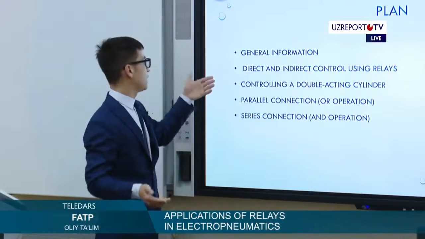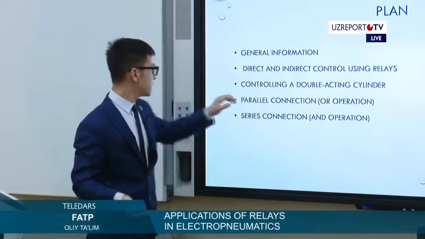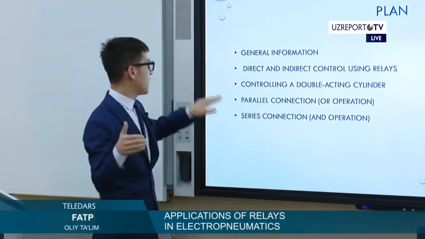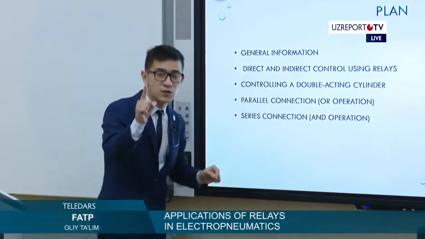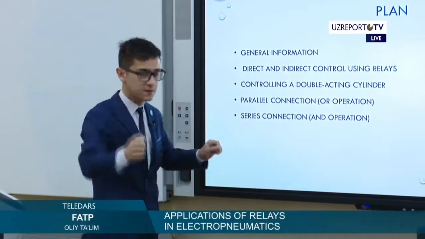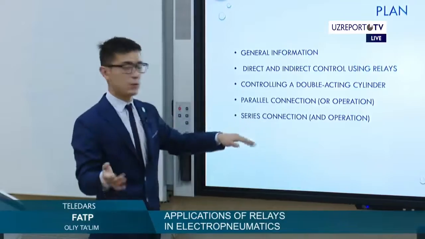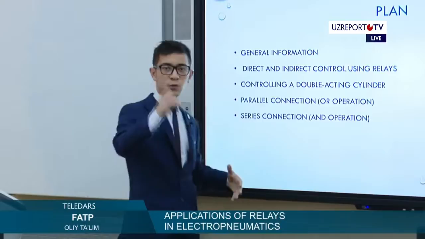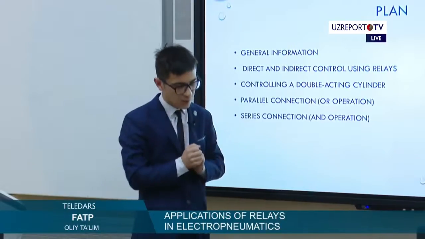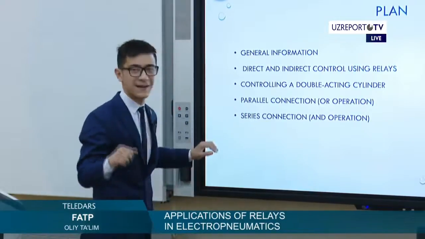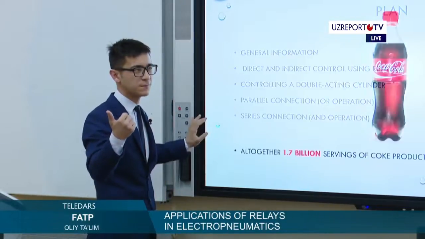They are direct and indirect control using relays, controlling double action cylinders, and parallel connection using semi-logic elements, OR relays. And then a serial connection with the AND logic. Both OR and AND are based on Boolean logic, which is very close to our PLC connection and programming language. So let's start with the example.